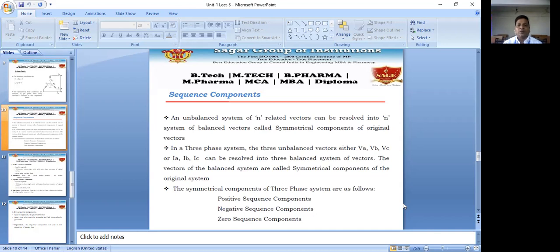The symmetrical components of a three-phase system are the positive sequence component, negative sequence component, and zero sequence component. This condition is an unsymmetrical fault, and there are three types in the symmetrical component method.